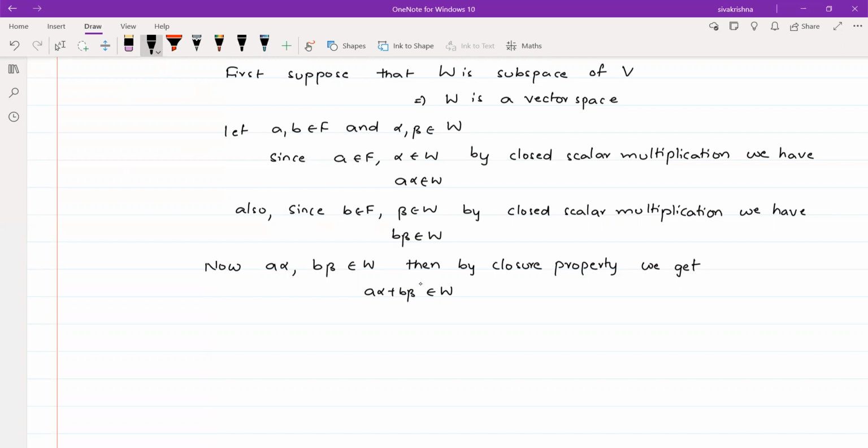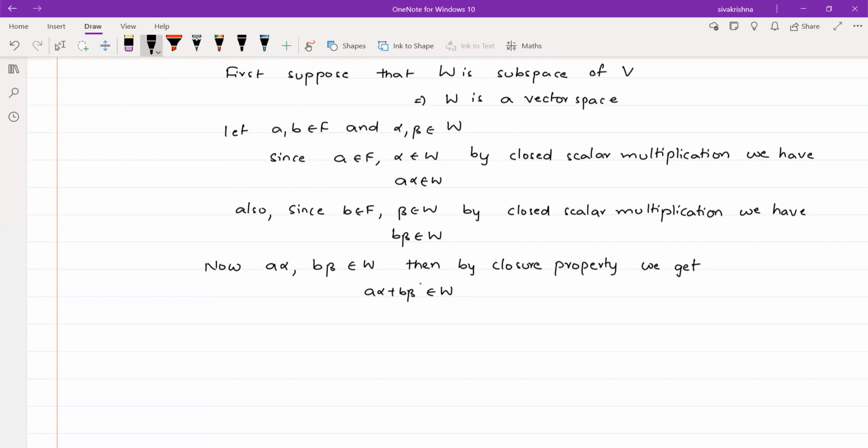So with the help of the vector space definition, I have proved the condition. That is the second part.